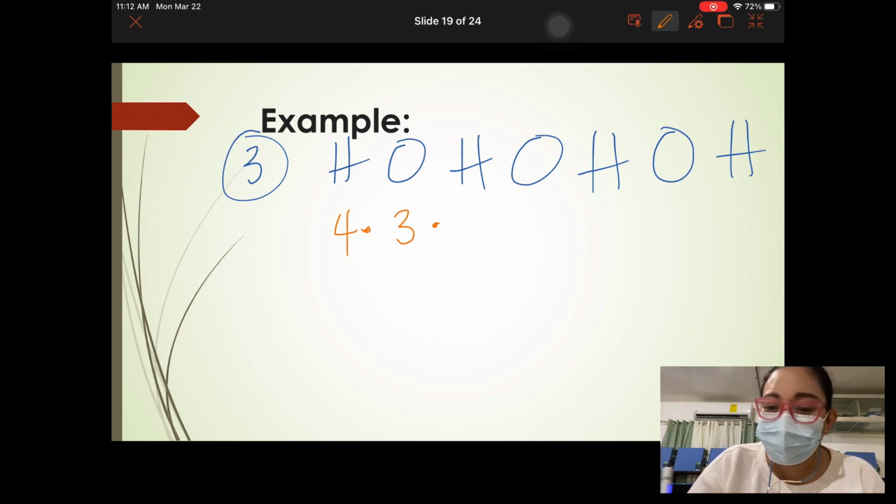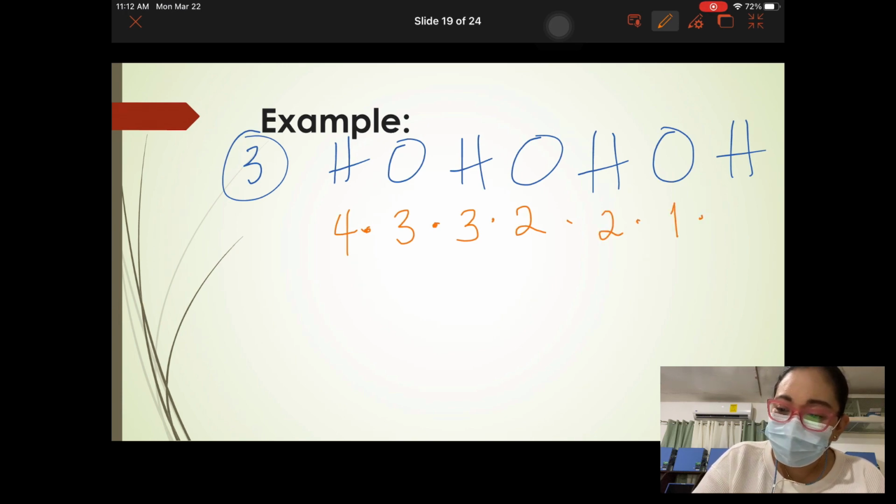Hindi na, diba? Kasi nailagay mo ng isa dun sa first slot. So, nabawasan na siya. Ornamental, same thing. Hindi na siya 3. 2 na lang. And so on. And so forth. So, this is now the number of choices that you have.